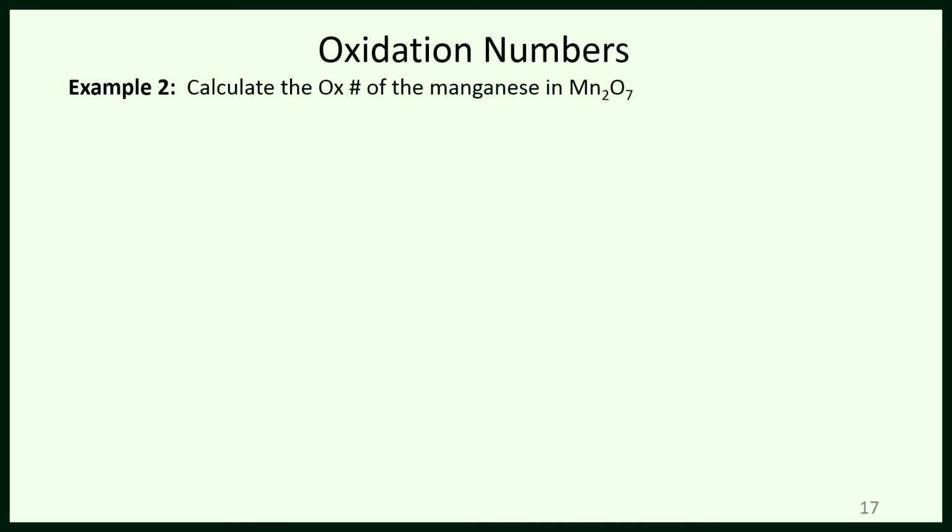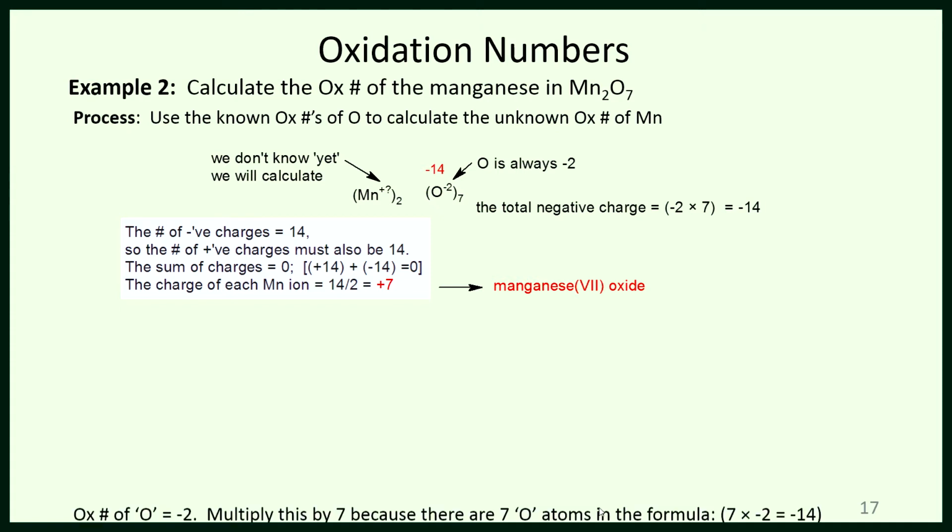Let's look at a second example. Find the oxidation number of manganese in Mn2O7. Once again, notice the total charge must equal the invisible 0. The process is we use the known oxidation number of oxygen to calculate the unknown oxidation number of manganese. Here I've laid it out again.